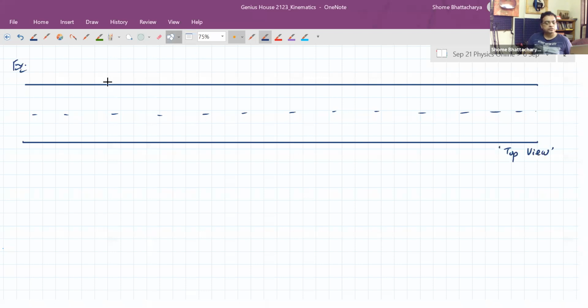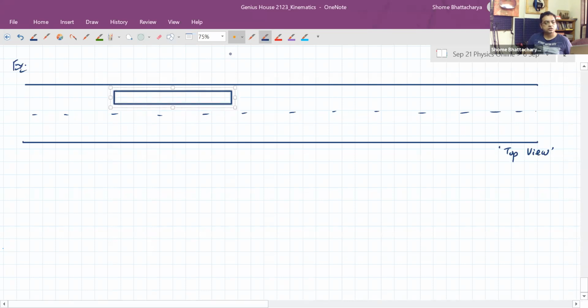Now, let's say we have a longish vehicle like a trailer truck, which is moving at a constant horizontal velocity of 36 kilometers per hour uniformly. At t equal to 0, it is here. And we also know that the length of this truck is, let's say, 25 meters.